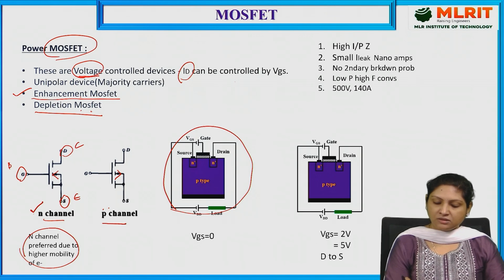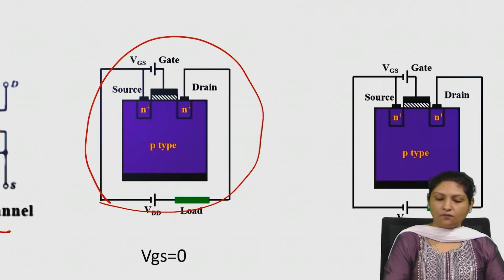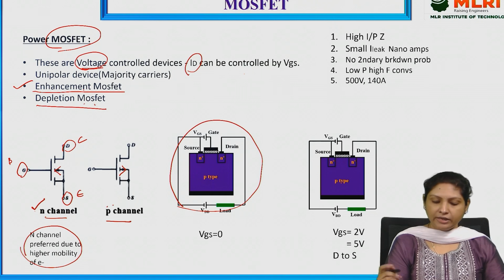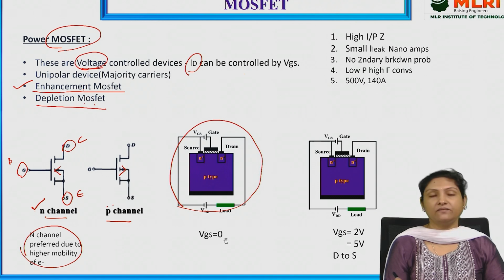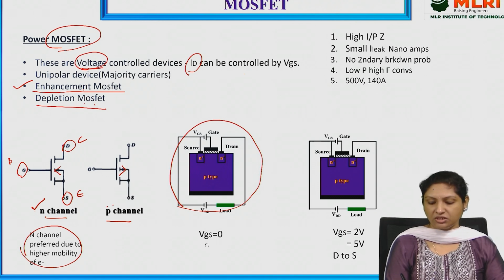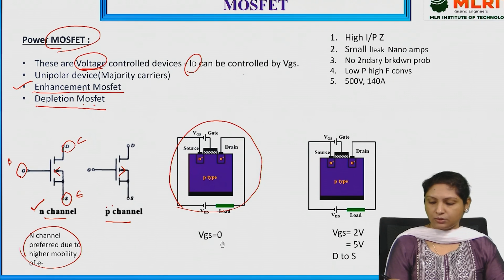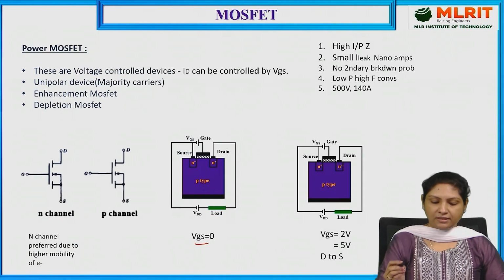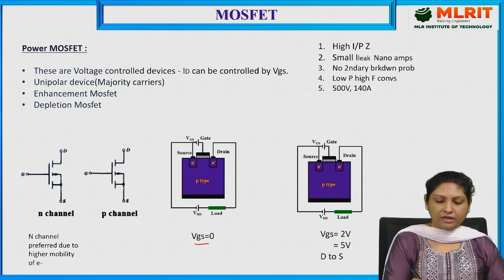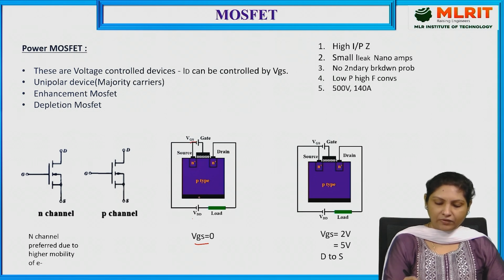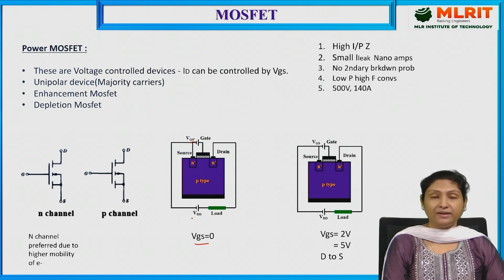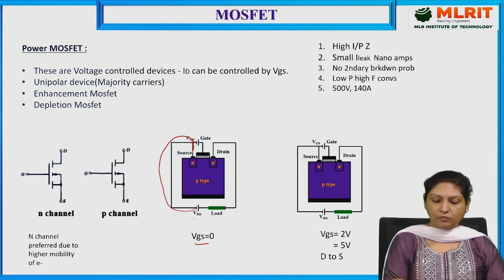And this is the structure of the MOSFET, and here it has got gate to source voltage. Let us consider VGS is equal to 0. The gate source voltage initially we are considering as 0. When VGS is equal to 0 and VDD, that is drain to source voltage, is applied, in that case negative is connected to the N layer and positive terminal is connected to the other N layer.